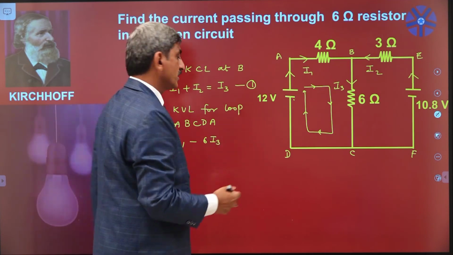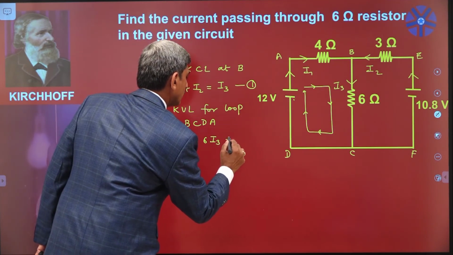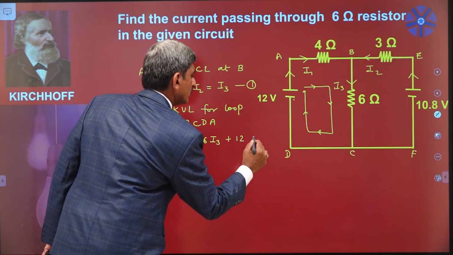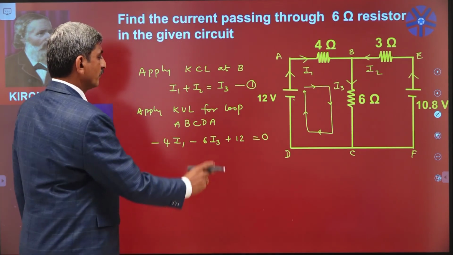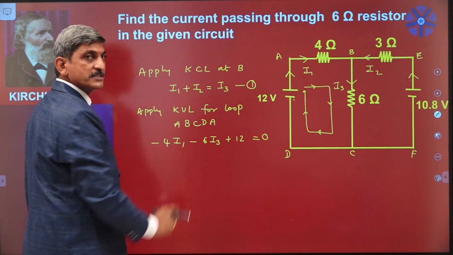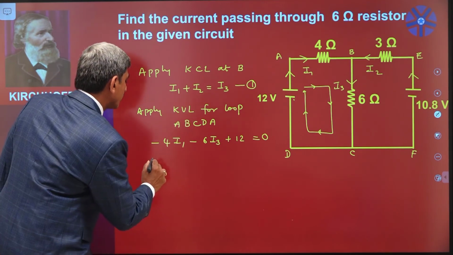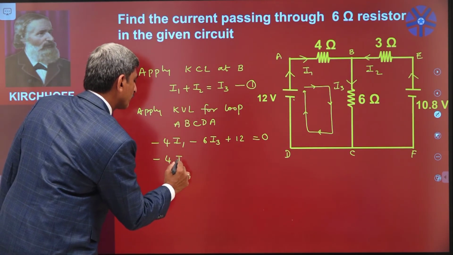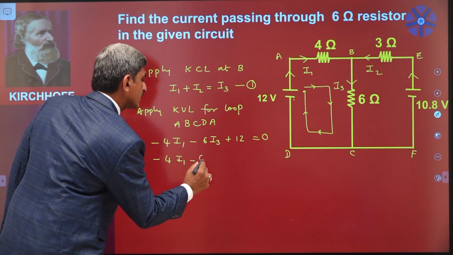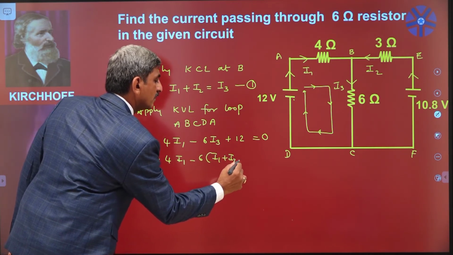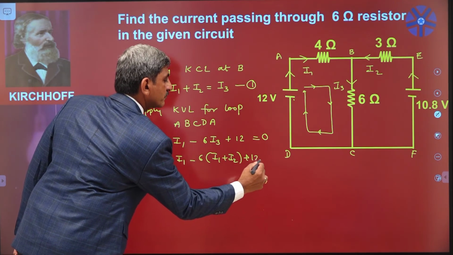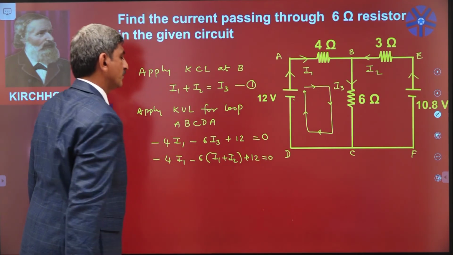There is a rise in potential, so plus 12. This is equal to 0. But we know that I3 is I1 plus I2, so by substituting, it becomes minus 4I1 minus 6 of (I1 plus I2) plus 12 is equal to 0.